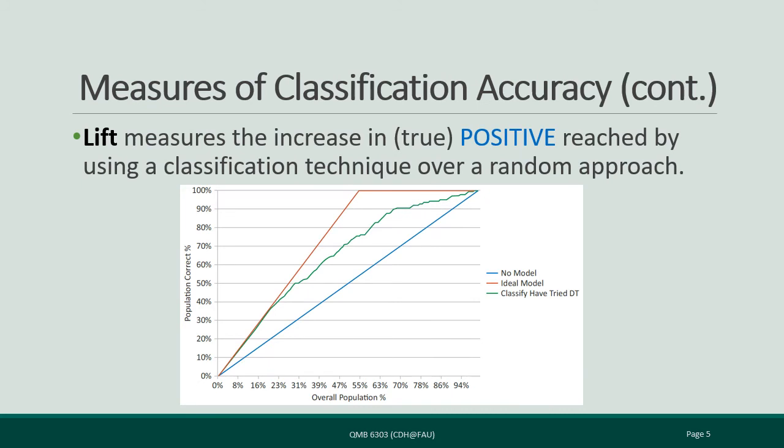Another measure that we often use for the classification accuracy is called lift. Lift is specifically designed to help us figure out whether a classification method will be able to help us get all of those people that are supposed to be positive by using a portion of the population. So this is not necessarily just a straight measure of the power of the classification accuracy.